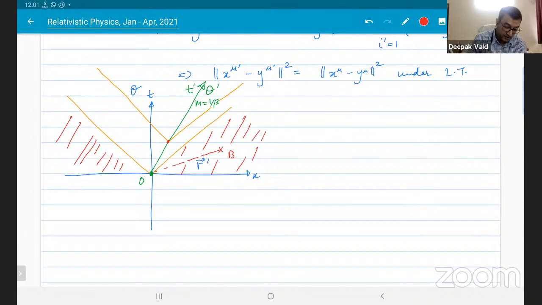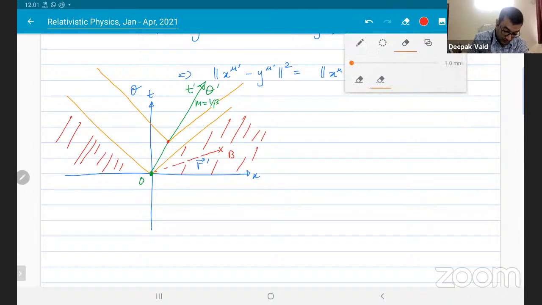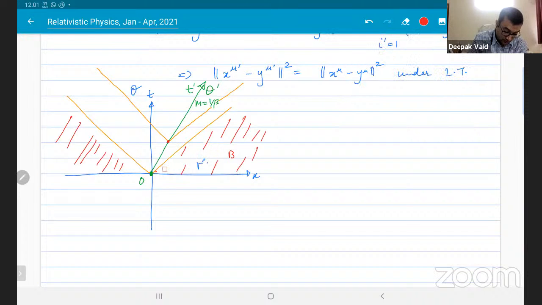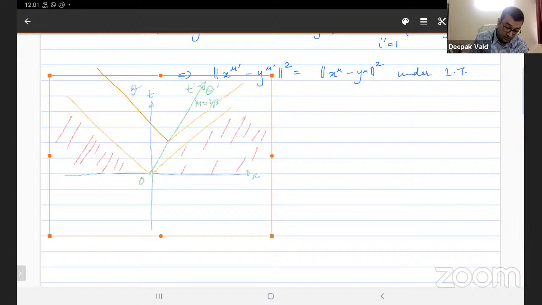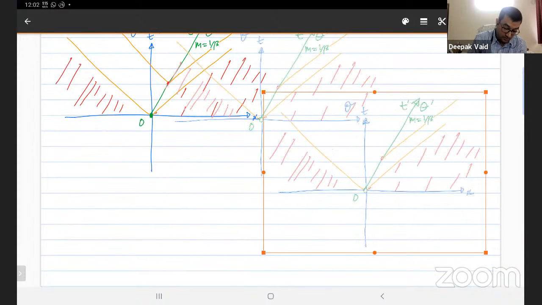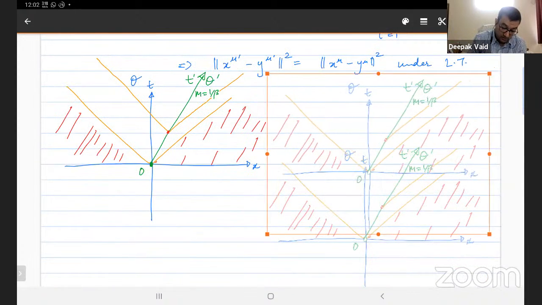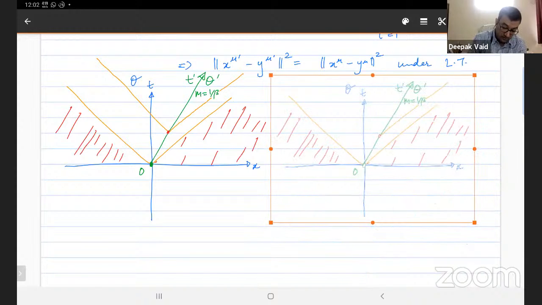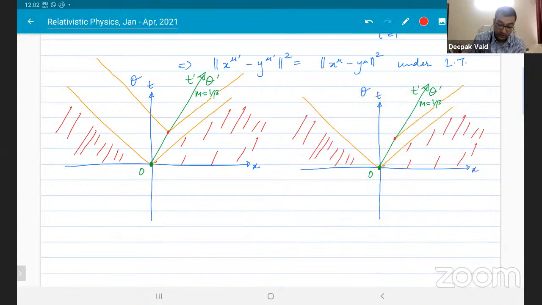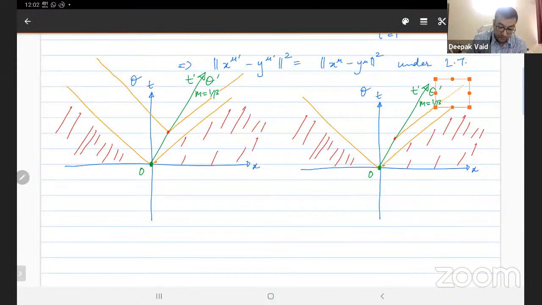Right? Your first intuition might be to think that, well, what happens to the light cone of this observer?